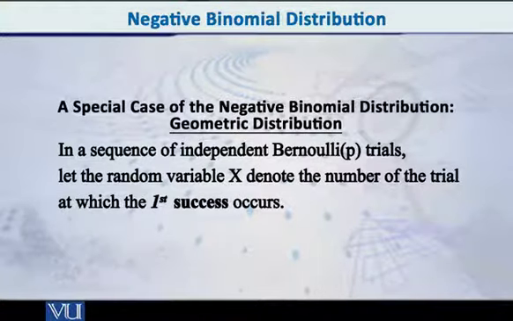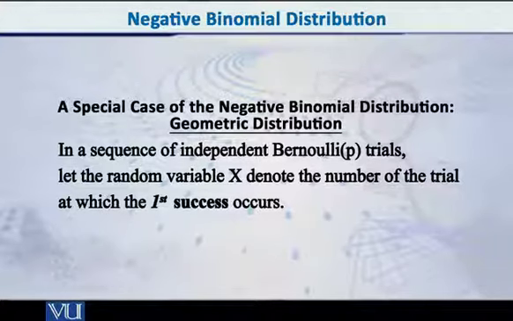Another very interesting thing that I would like to share with you, students, is that the geometric distribution is a special case of the negative binomial distribution. After all, what is the geometric distribution? Isn't it the one that comes into being when we say that we have a sequence of independent Bernoulli trials and we let the random variable capital X denote the number of that particular trial at which the first success occurs? यही कहते हैं ना जी. तो फिर अभी जो था उसमें क्या था?